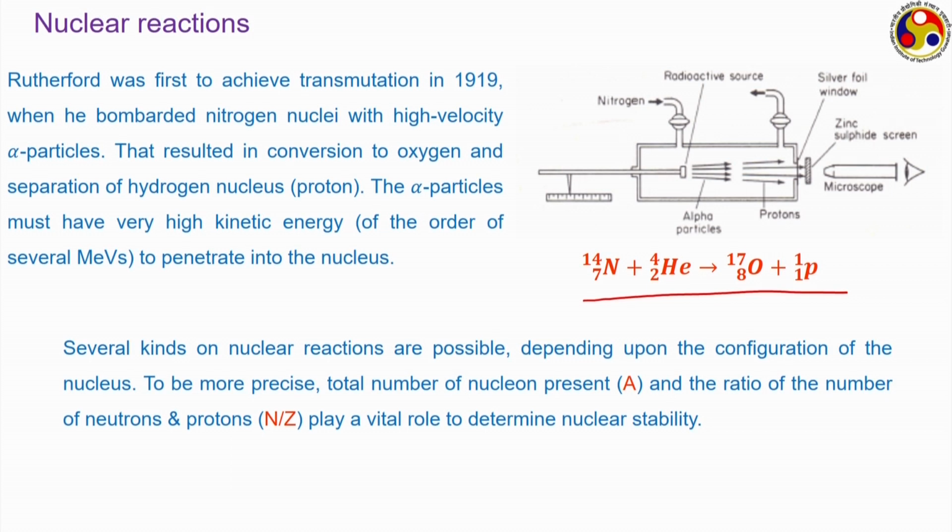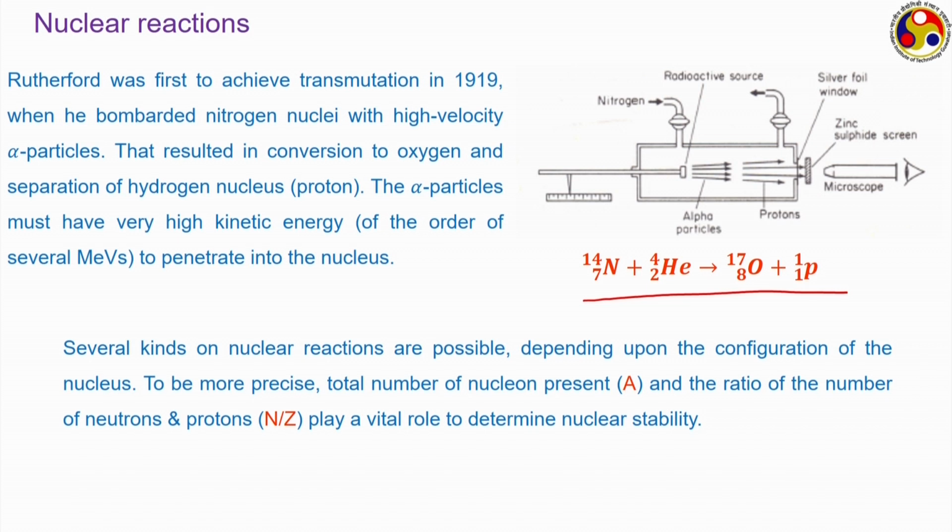But one thing to point out here: this is not the only kind of nuclear reaction that is possible. Rather, there are several kinds of nuclear reaction possible, which we shall be discussing in the subsequent slides. Which kind of reaction is going to take place in a particular situation depends mostly upon 2 factors. One, the configuration of the nucleus itself, or I should say the number of nucleons present in the nucleus, and second, the ratio of the number of neutrons to protons.